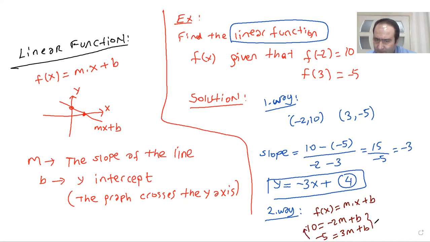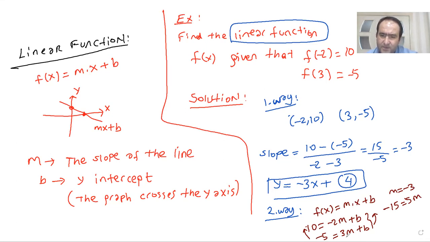Subtract this from this: -5 minus 10, -15, is equal to 3m minus -2m, 5m. So m is -3. And put it wherever you like.